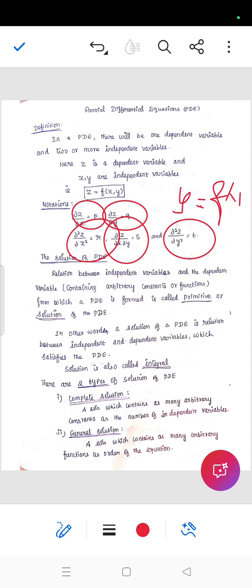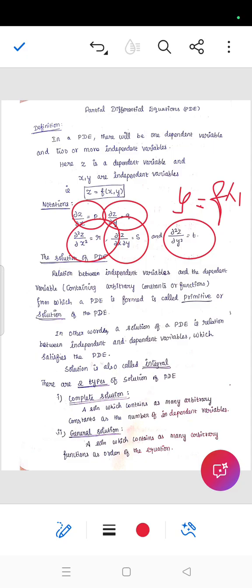What do you mean by solution? First of all, it is a relation between the independent variable and the dependent variable, which may contain arbitrary constants or arbitrary functions, from which the PDE is satisfied. Then it is called a solution.